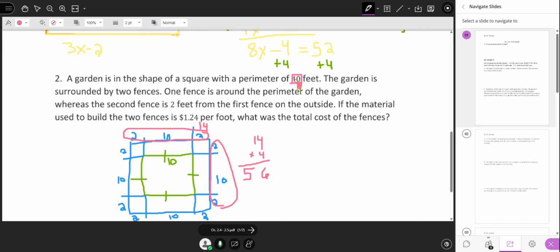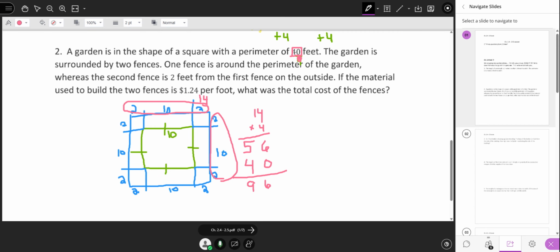And I'm going to add, because I've got this blue fence that's 56 feet around, and I've got this green fence that's 40 feet around. So altogether, I've got 96 feet of fencing.